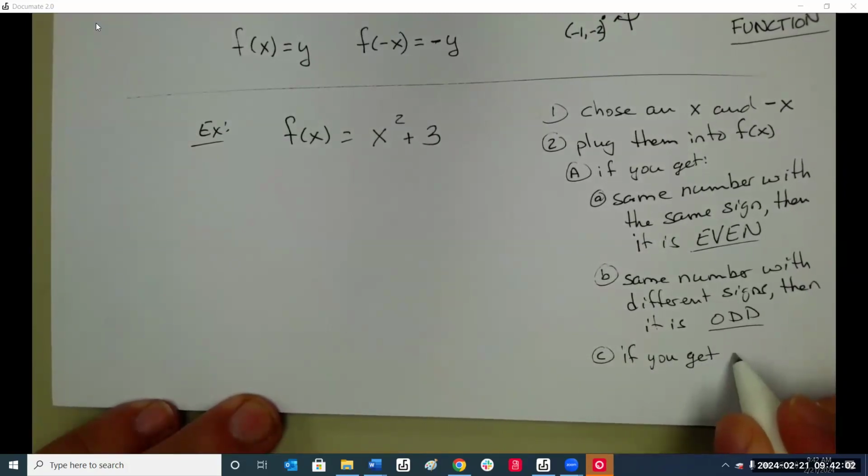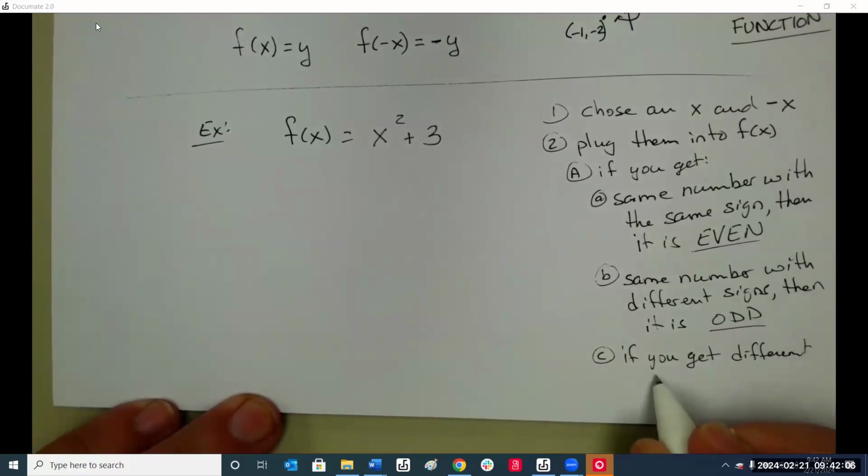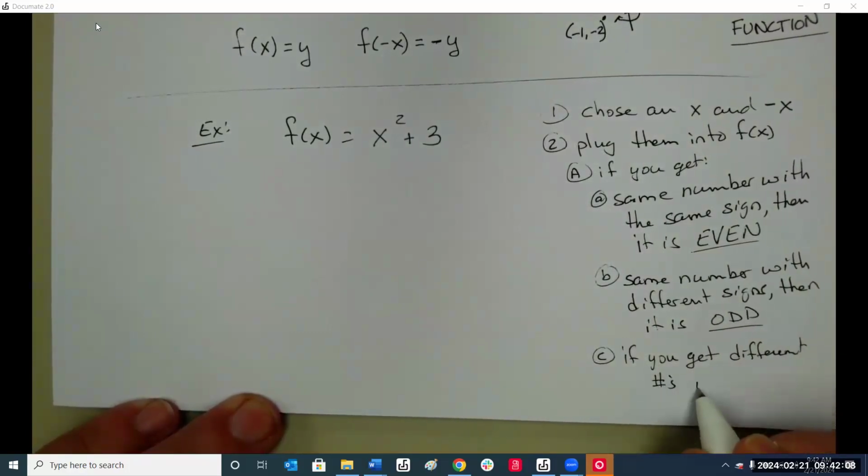If you get different numbers, it is neither.